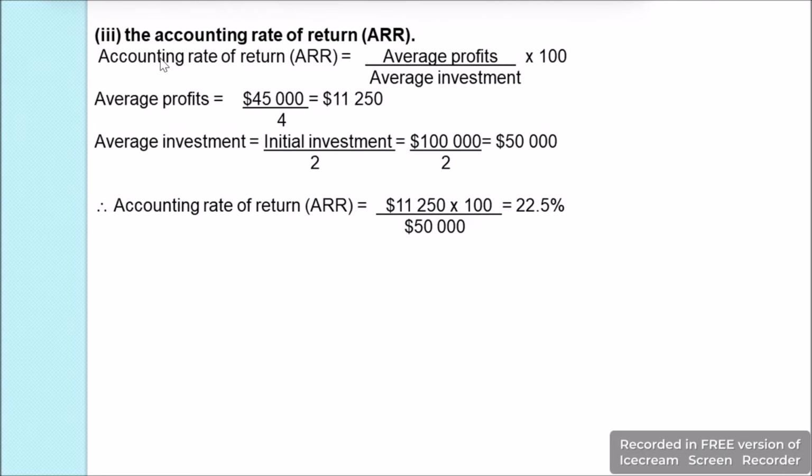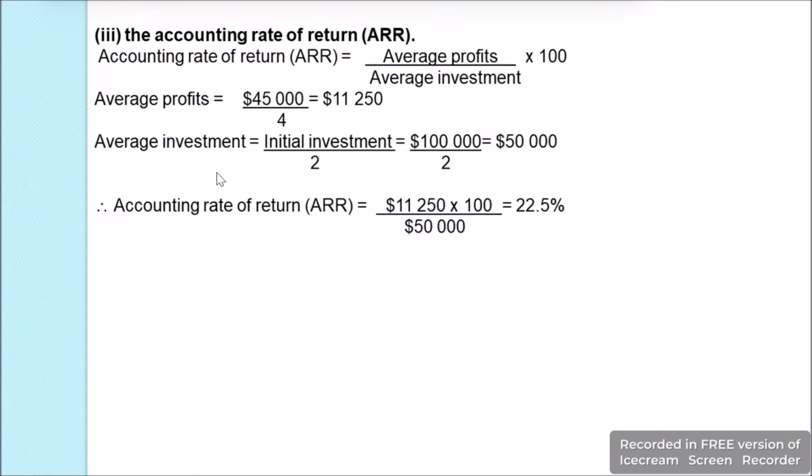In the third bit of the question, we are asked to calculate the accounting rate of return, which is ARR. And accounting rate of return ARR is equal to average profit divided by the average investment times 100. The average profit will be the total profit from the project, which will be the total net cash flows, which we have calculated in the second bit of the question as $45,000, and divided by the life of the project, which is 4 years, we will get the average profit as $11,250.